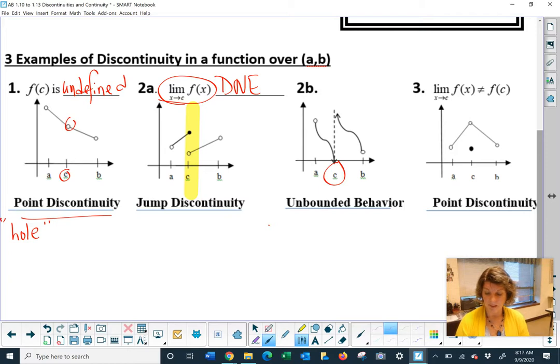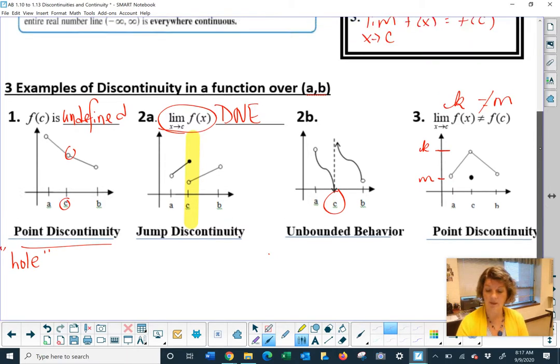Number 3, we have the limit. The limit is up here at some value, let's call it K, and my point has a height of M. So the limit turns out to be K, the f of c value turned out to be M, well, K and M were not equal.